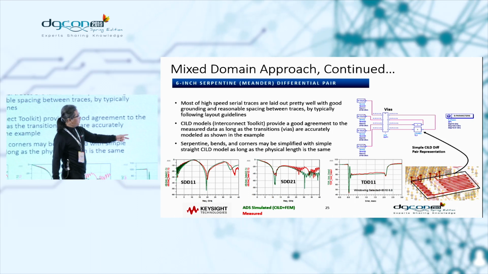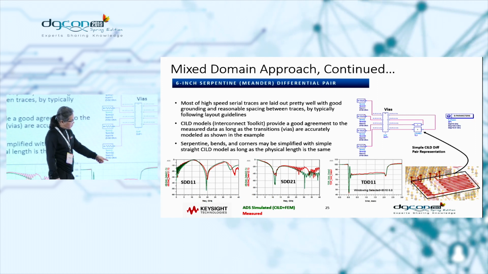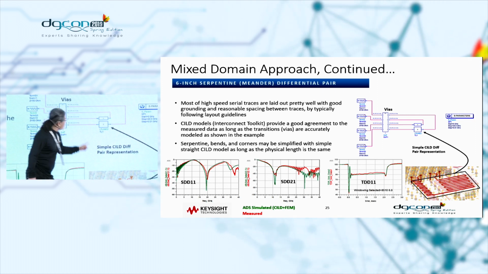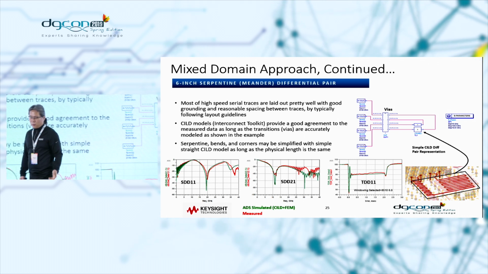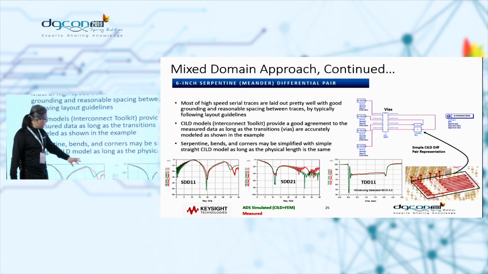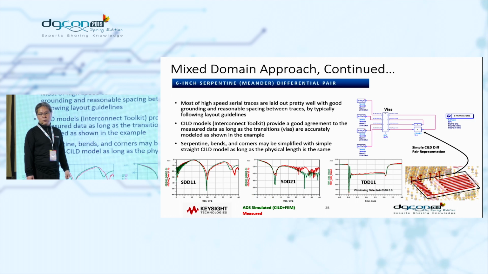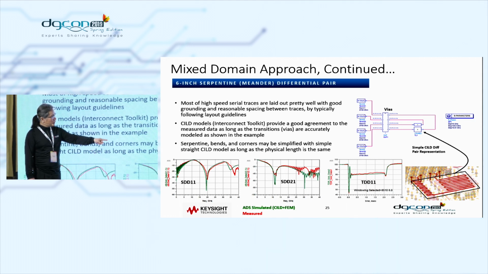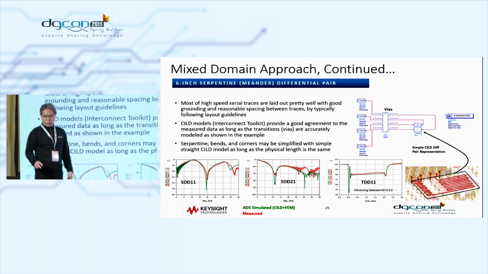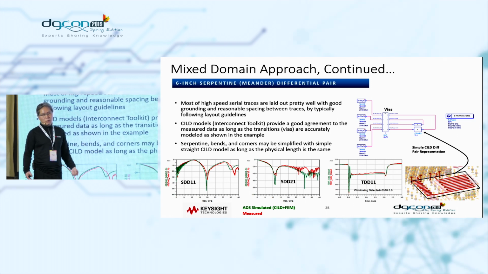And then these interconnect parts are simulated with full wave, and then let's combine and simulate it. Then comparing to the measured data, which you see here, this is a very, very decent agreement between the two. But you don't have to simulate the entire traces, which have really long transmission lines with a lot of bends. Although we represent it with a simple straight line, the accuracy between the two is very, very close.